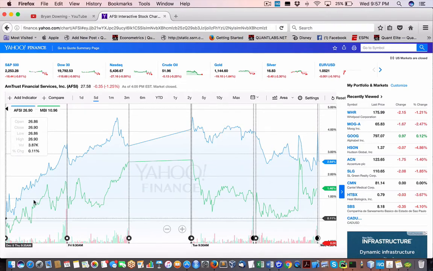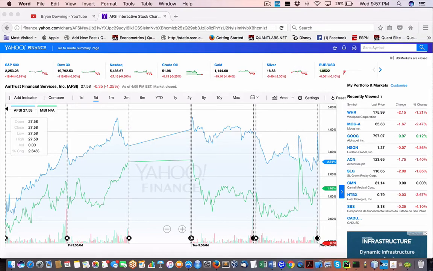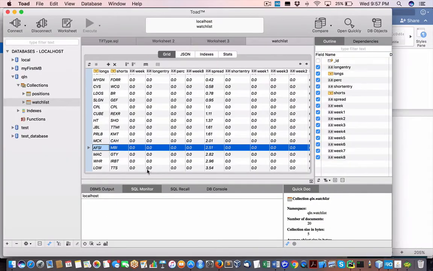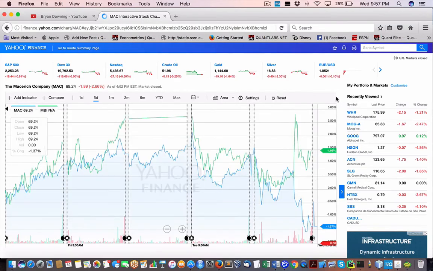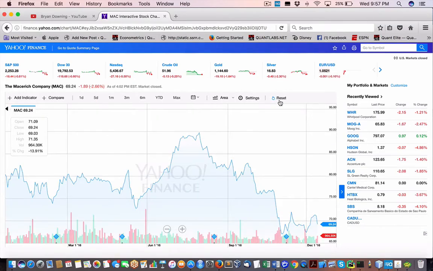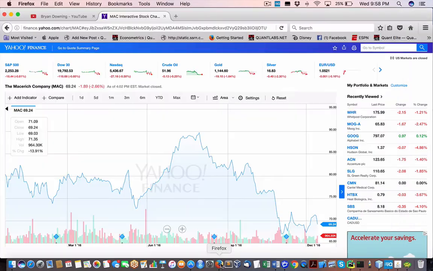So again, December 8th to the 9th, 4% move. Okay. MAC long. GTY short.